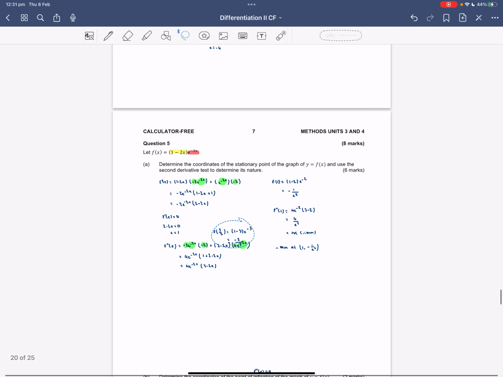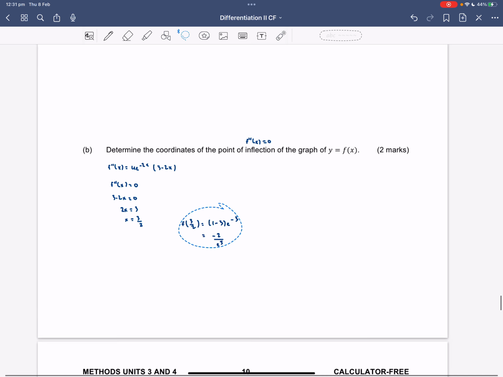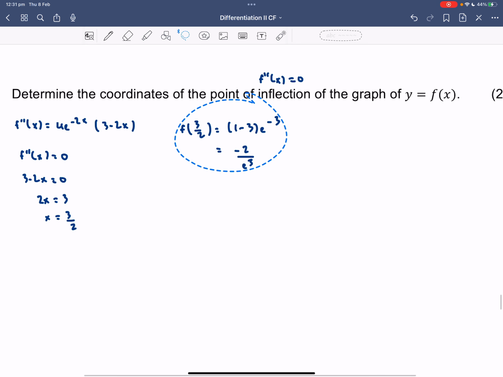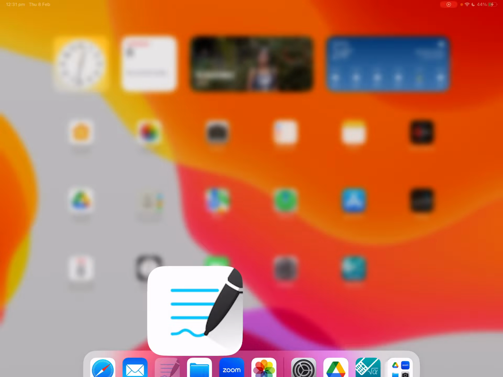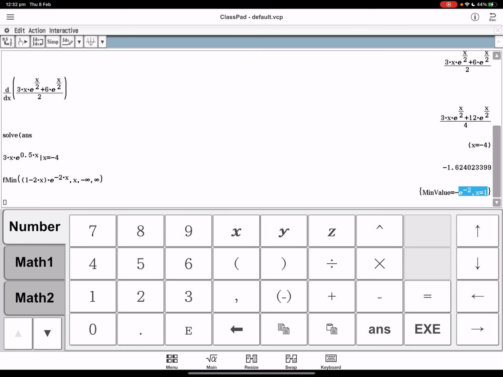Perfect. Minus 2 on e cubed. Determine the coordinates of the point of inflection. So yes, therefore, there is a point of inflection at 3 on 2, minus 2 on e cubed. Three on 2, minus 2 on e cubed.